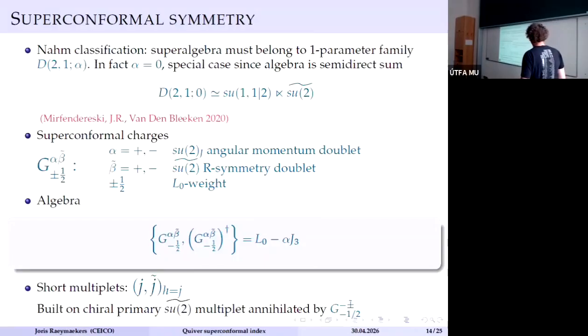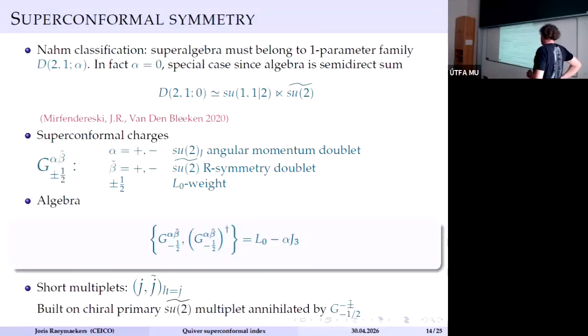In fact, since this second SU(2) does not appear on the right-hand side, the chiral primary states always come in a full SU(2) tilde multiplet, and all these states are annihilated by lowering operators, but also by two of the raising operators.